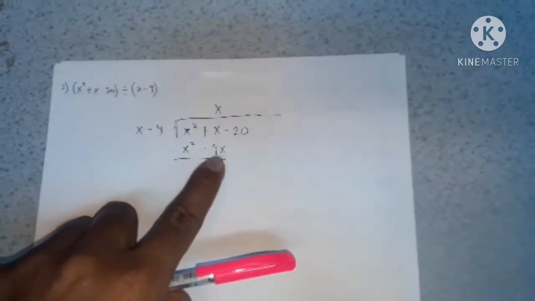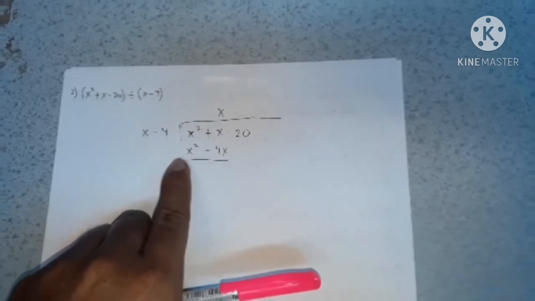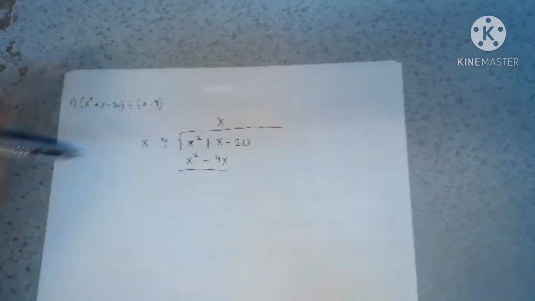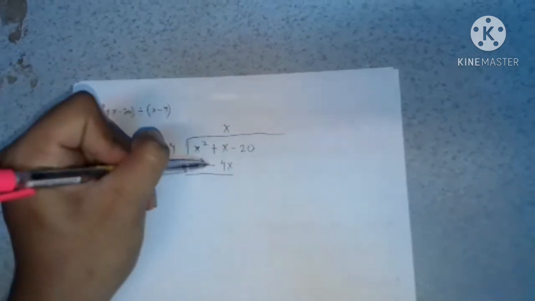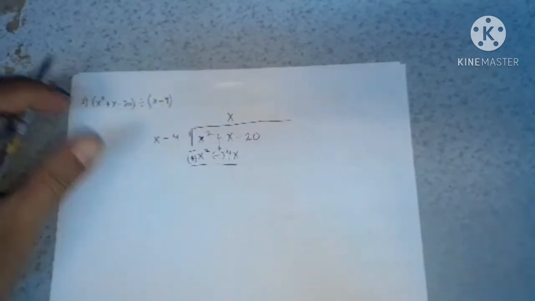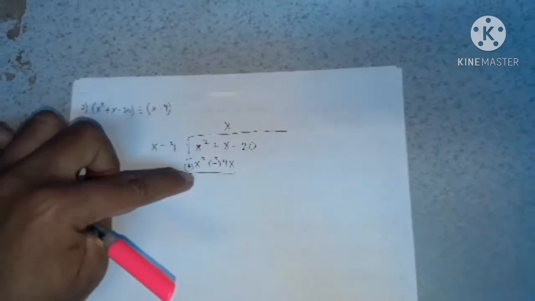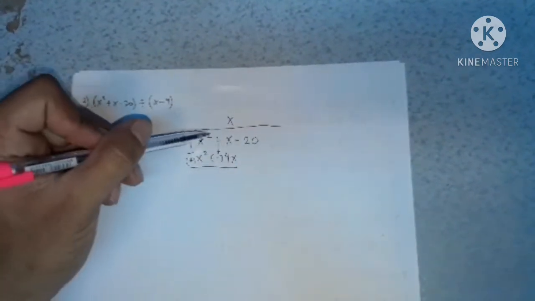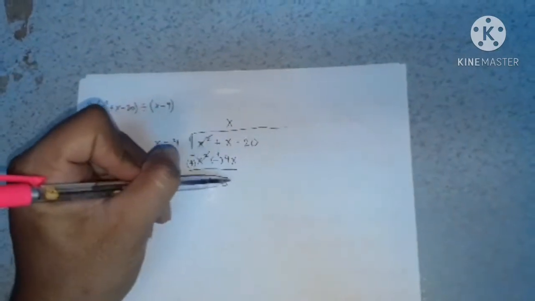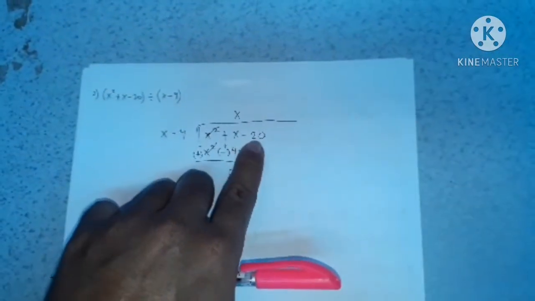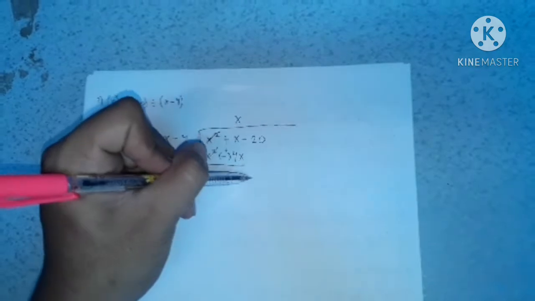And then, change the sign of the terms, proceed to addition. So, again, walang nakasulat na sign, ibig sabihin siya ay positive. From positive, magiging negative, and then from negative, magiging positive. So, x squared plus negative x squared is 0. And then, x plus 4x, that is 5x. Bring down the constant term, which is negative 20.